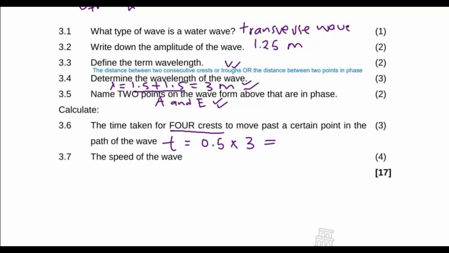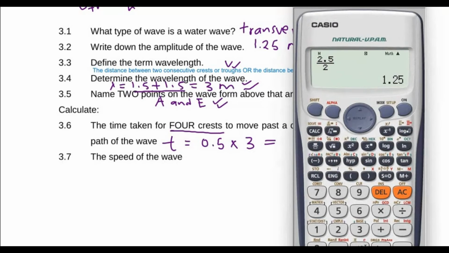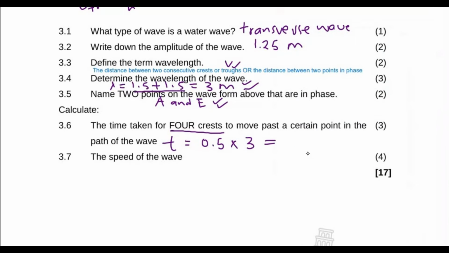How much is that? If we put it on a calculator, 0.5 times 3 is going to be 1.5 seconds. That's how you get your marks.